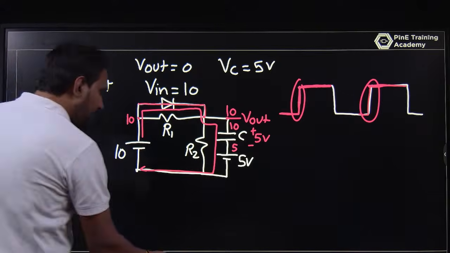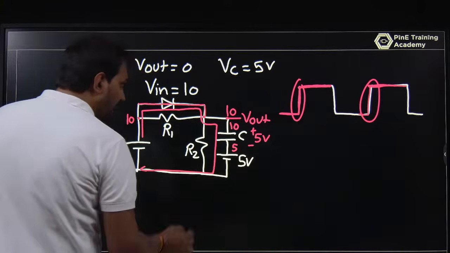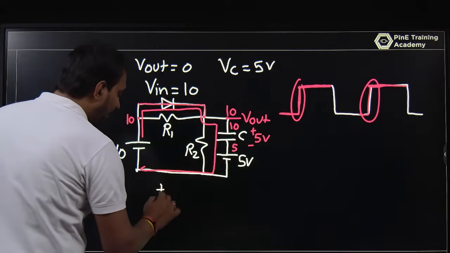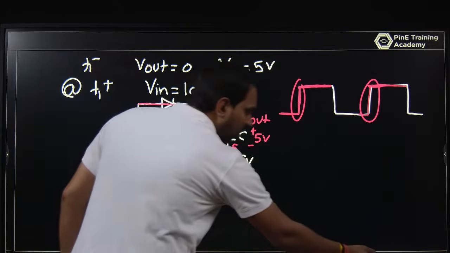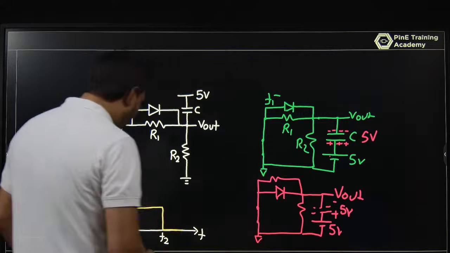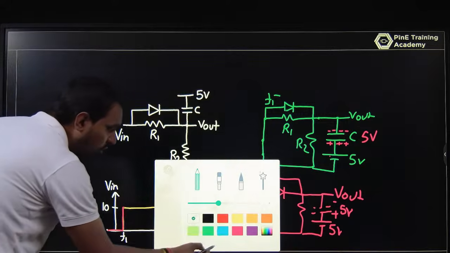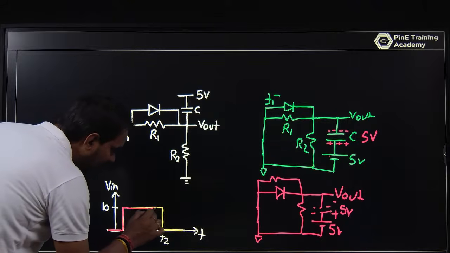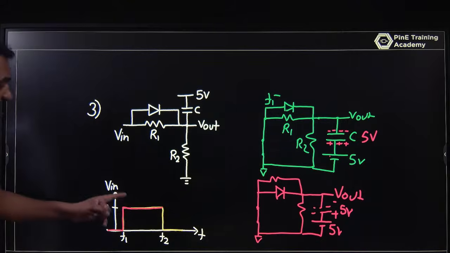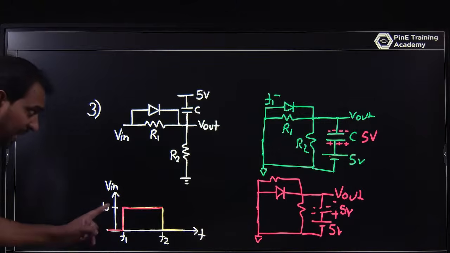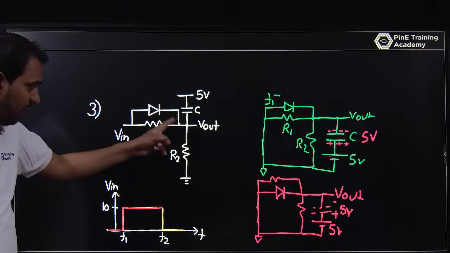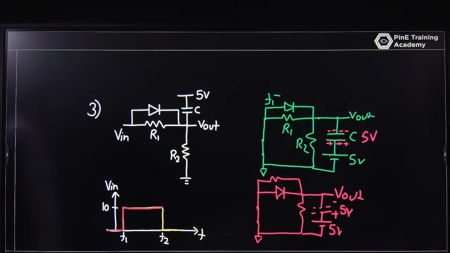So this waveform is valid if the input after T1 plus, from T1 to T2, remains 10 volt there. Why does it remain 10 volt? Because the input remains 10, this diode will be a short circuit and V out is maintained at 10 volt.